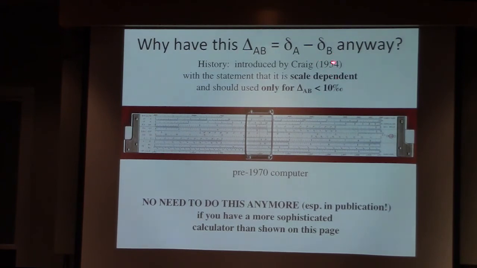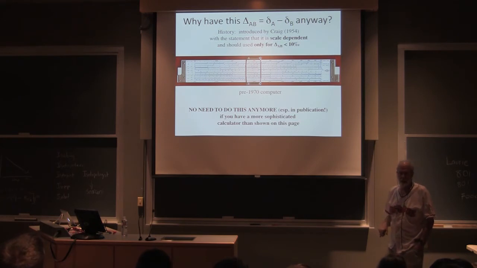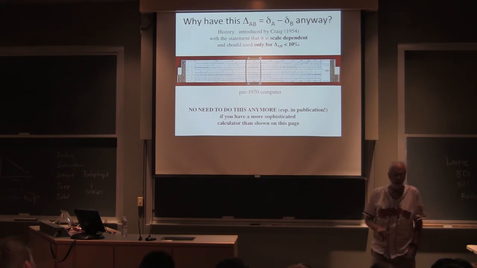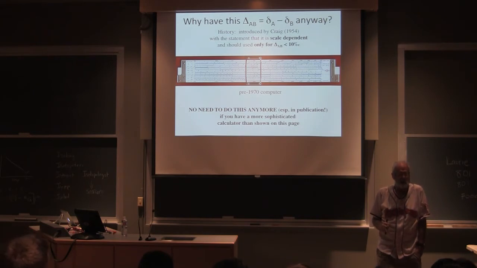But Harmon Craig in 1954 pointed out that this capital delta, where you subtract one value from another, should only be done if the delta value is less than 10 per mil. Okay? Now, in most isotope systems, that's about what it is, except hydrogen. Okay?